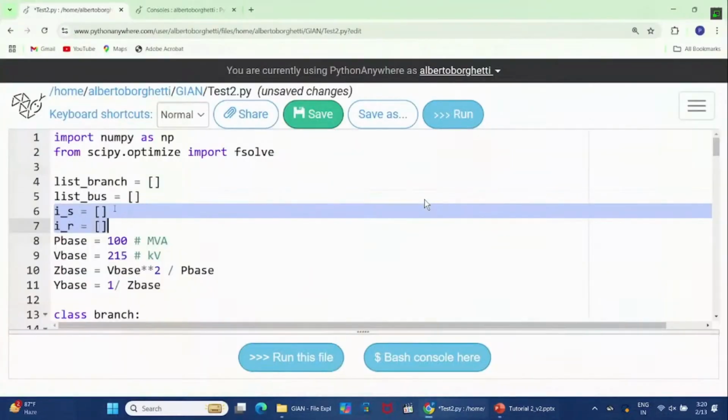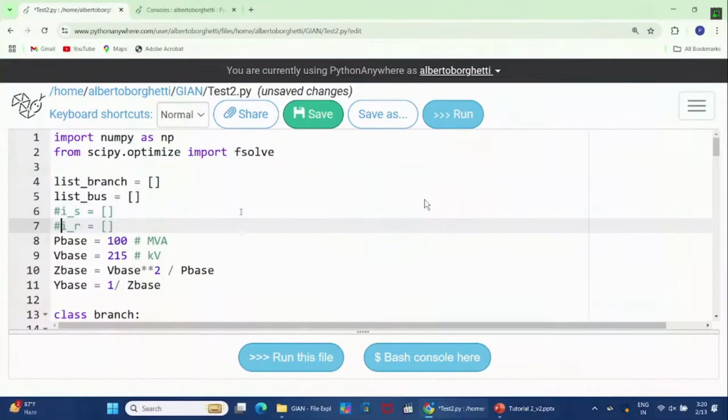here, instead of these two things, IS and IR, I can put a comment here, but I can also delete it. The hashtag is needed to make the comment.